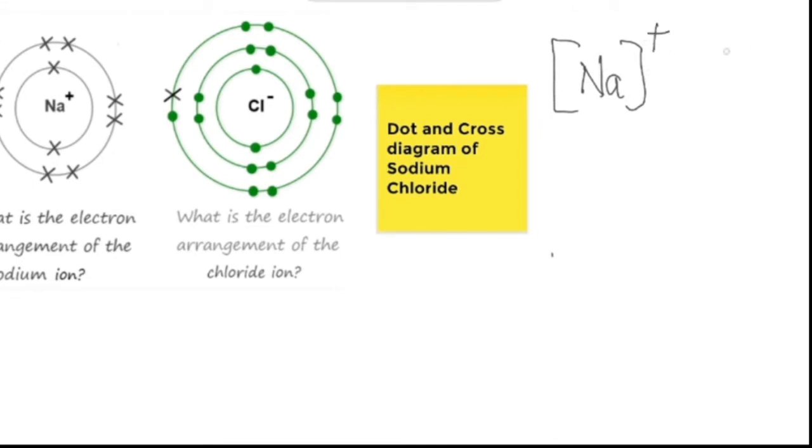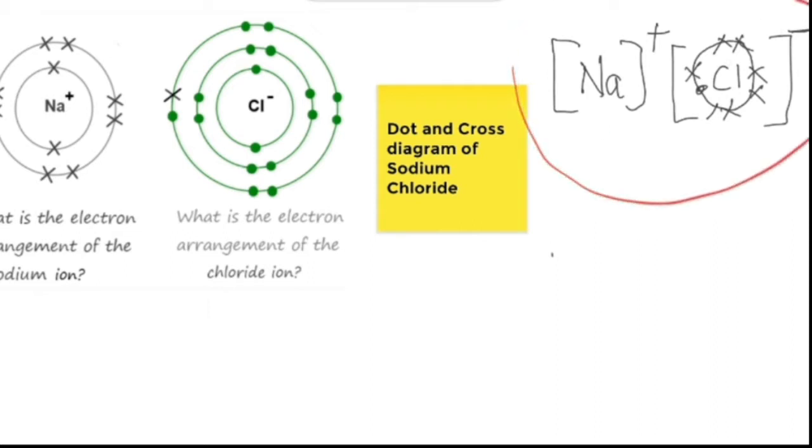And in the chloride ion as well, you can just draw the valence shell, write Cl and then draw the electrons with a minus charge. Okay, so this would be the final dot and cross diagram of sodium chloride.